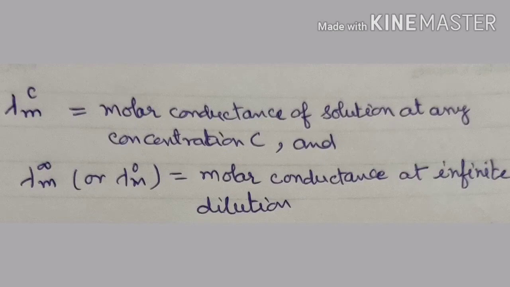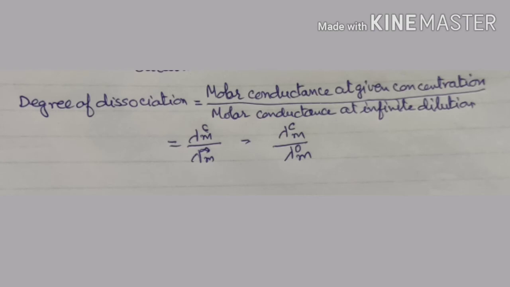And then we can represent either lambda infinity or lambda m naught, which is called the molar conductance at infinite dilution, or we can also say at zero concentration, because on further dilution there is no increase in the molar conductance of the solution. So then we can write the formula for degree of dissociation.